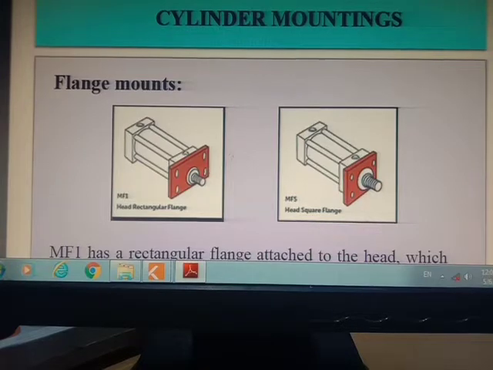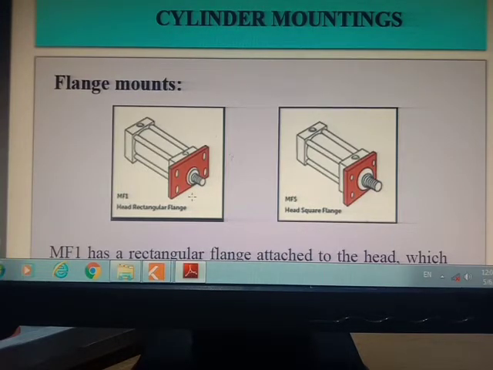The flange is provided at one end, and it has holes. Through these holes the nut and bolt are provided, and with the help of the nut and bolt this cylinder can be mounted to the desired location. So here the flange can be provided here.